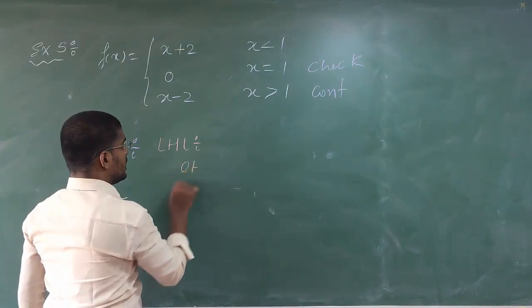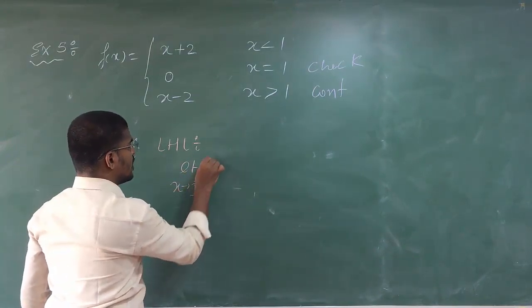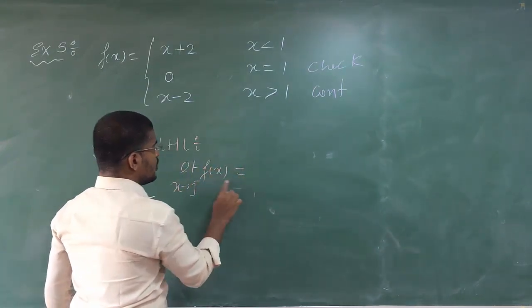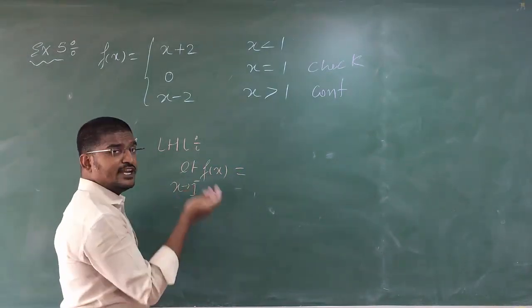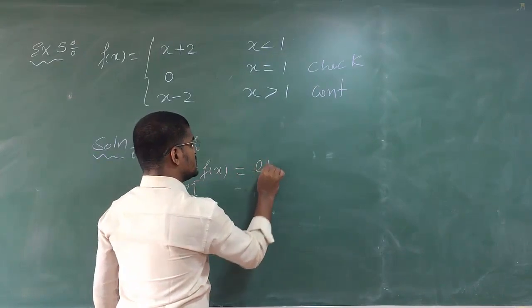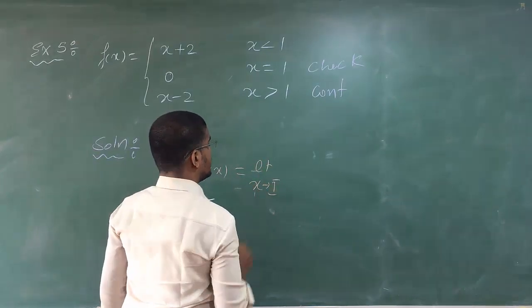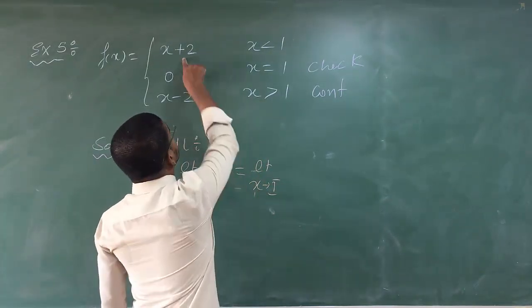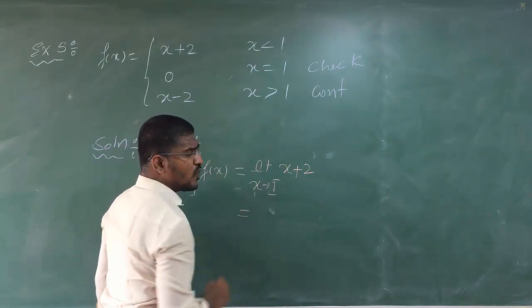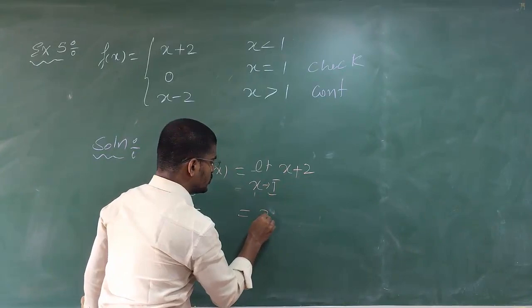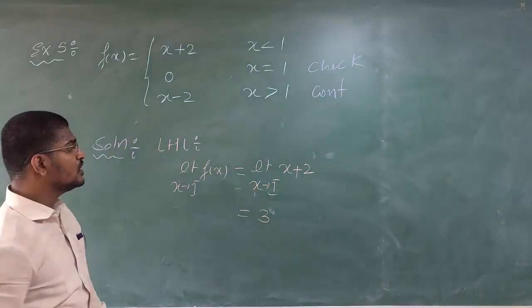So that is limit x tending to 1 minus f of x. While choosing this f of x, be careful because 1 minus is left hand side of 1, that is limit x tending to 1 minus, what is your f of x? X plus 2. So x value is what? 1. 1 plus 2, that is 3. Clear?